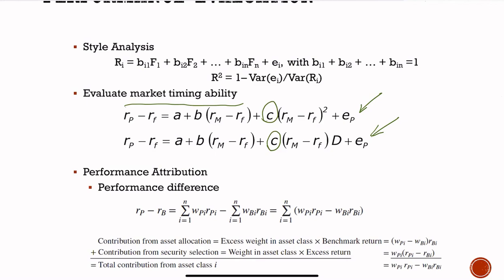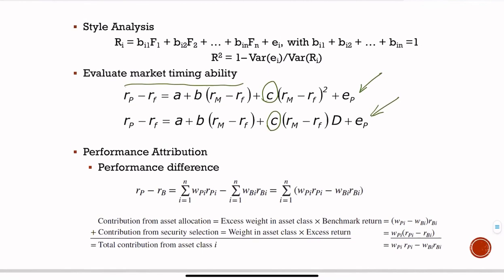For this section, you're not required to solve A and B and C. You're just required to understand how to interpret the result. If I tell you that C is 0, you should be able to figure out this manager has no market timing ability.